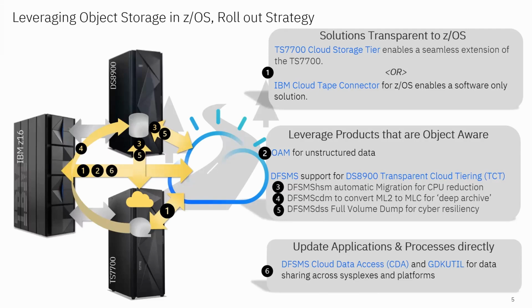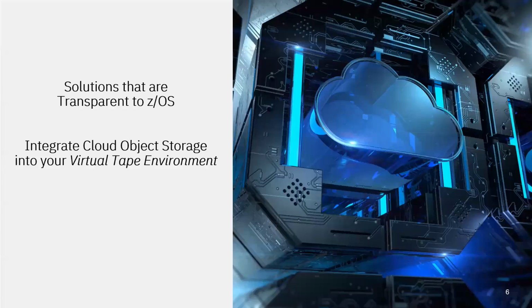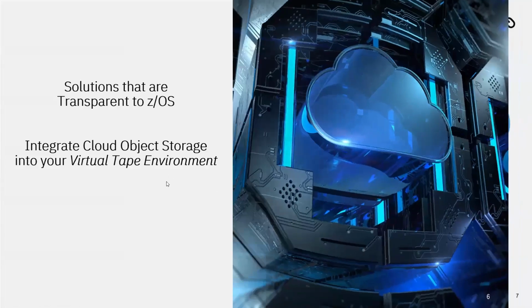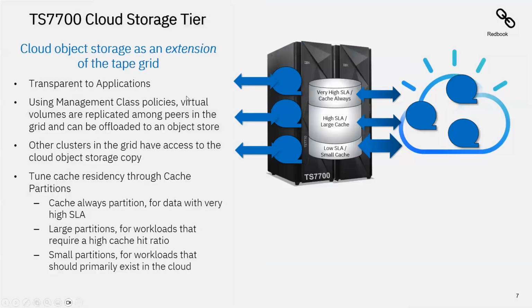Okay. Now let's look specifically at solutions that are transparent to z/OS, which are your virtual tape environment. So as we talked about cloud storage tier, just to get into some specifics, it's transparent to applications, which is really nice. Another nice feature is it's managed by your management class policies for your 7700.